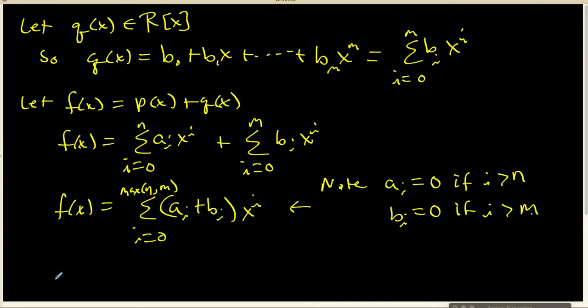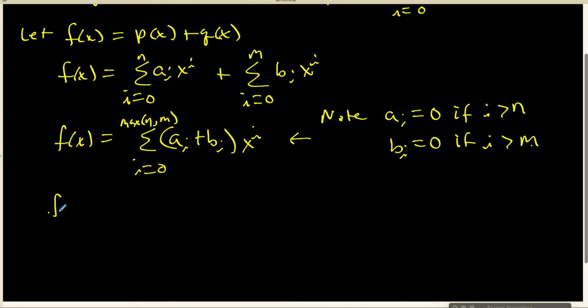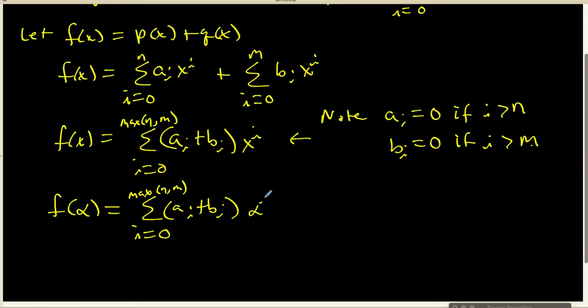And now what I want to do is think about evaluating f at alpha. So let's make this note. f evaluated at alpha is just going to be plugging in alpha for the x in this expression. So we have the sum of (ai plus bi) times alpha to the i.